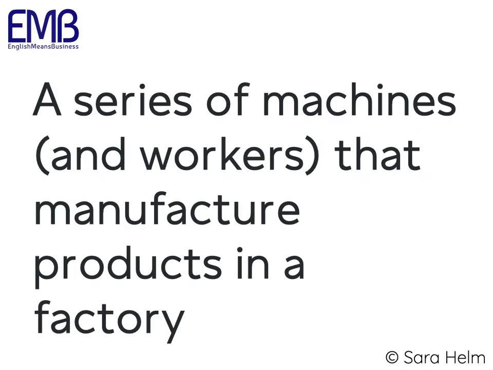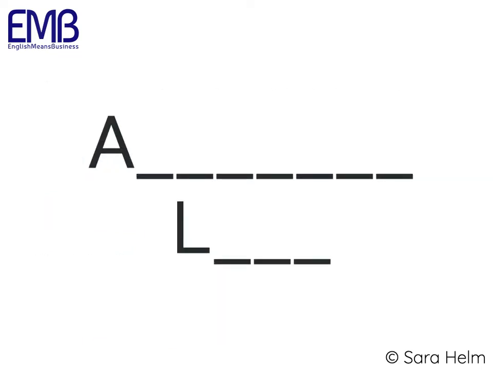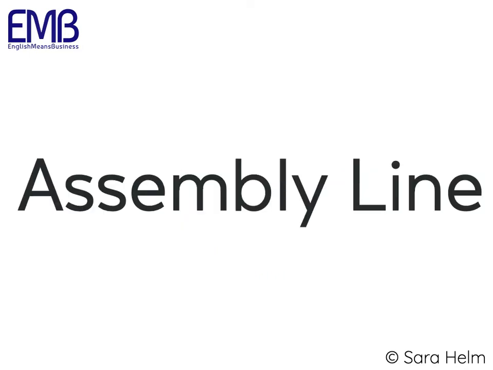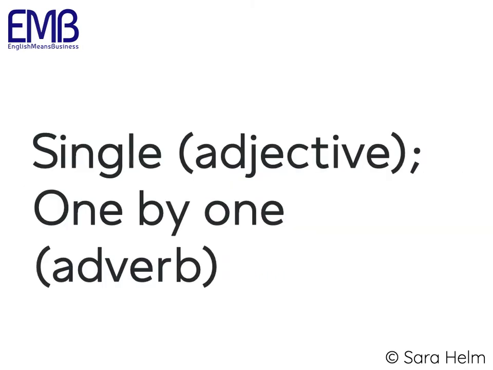This is a series of machines and workers that manufacture products in a factory. The assembly line. Now we have an adjective and its corresponding adverb, which are synonyms for single or one by one.